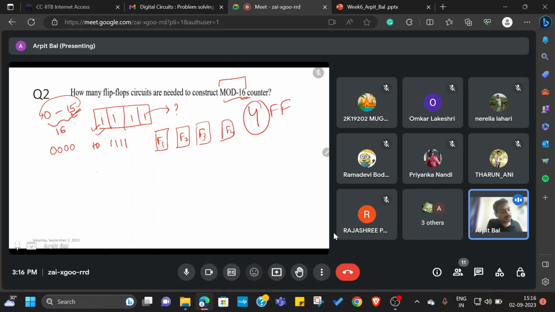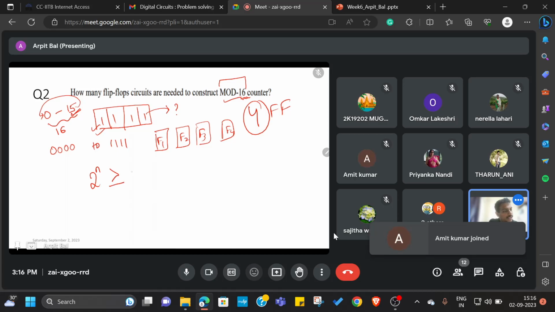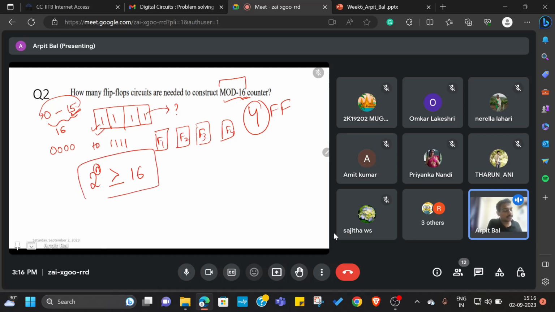Here there is another general formula. Let's say 2 to the power n should be greater than or equal to 16. Here you have to figure out the minimum value of n for which this condition is satisfied. Let's say I am saying it is a mod 14 counter.